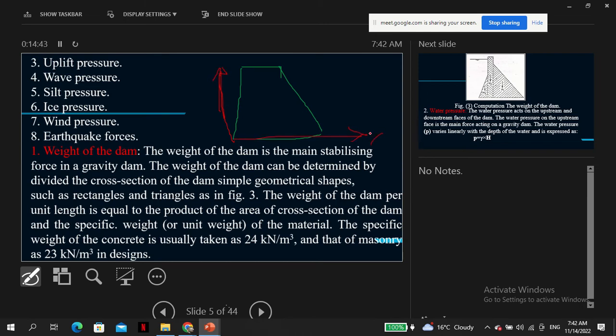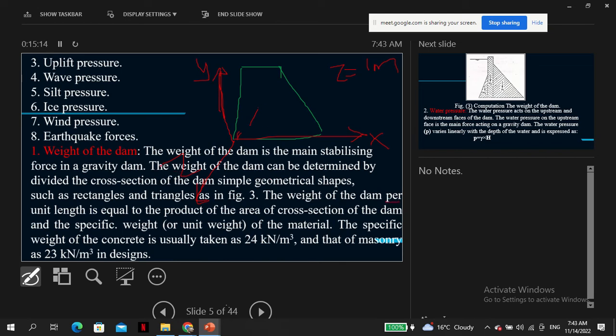If this is x, this is y, and this is z. So in the z direction, we are assuming that length is just 1 meter, a unit. So that's why we are saying the weight is equal to the product of area of cross section times the specific gravity or unit weight, but we are saying per unit length, per meter.